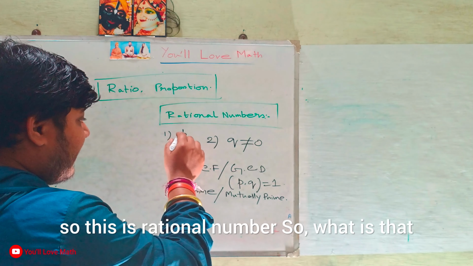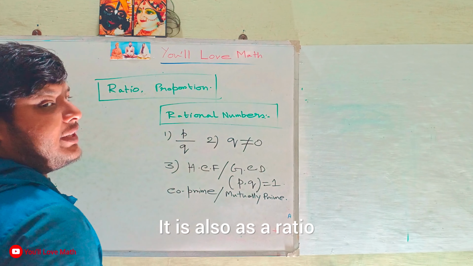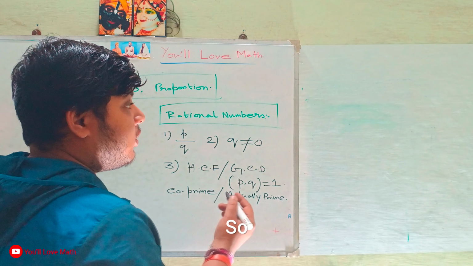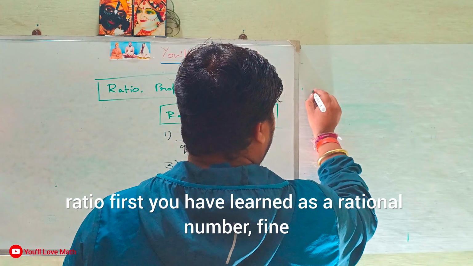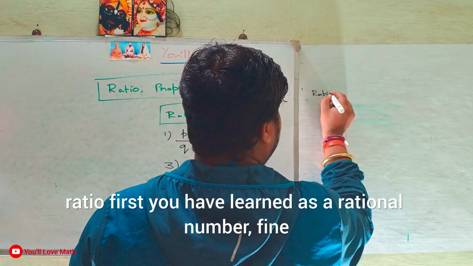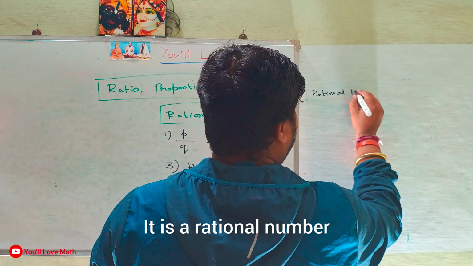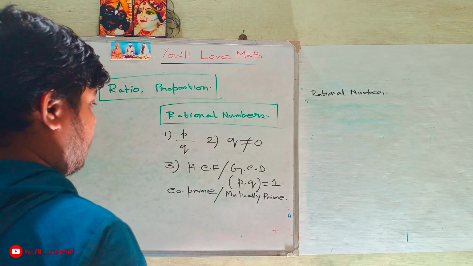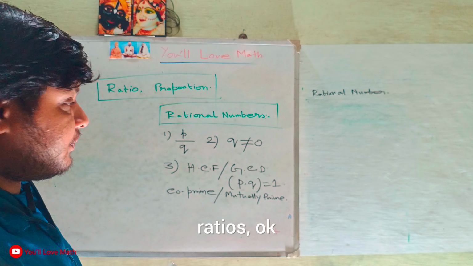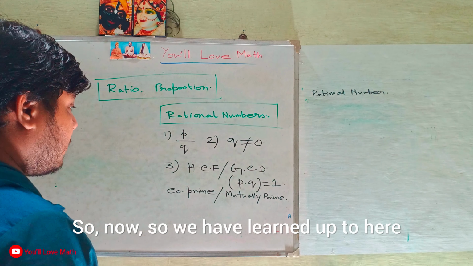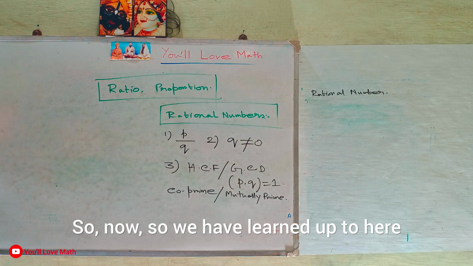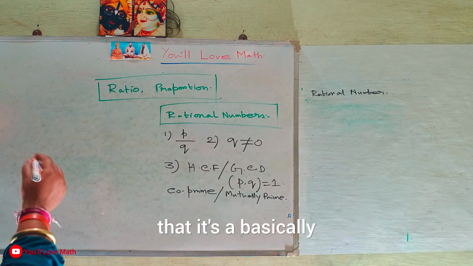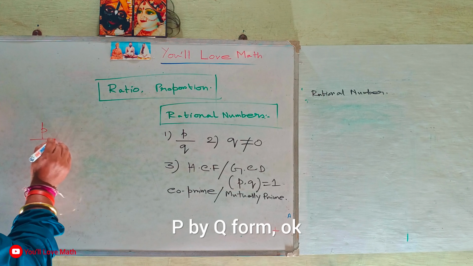It is also a ratio. So first you learned ratio as a rational number, the basic concept of ratios. We have learned that it is basically in P by Q form.